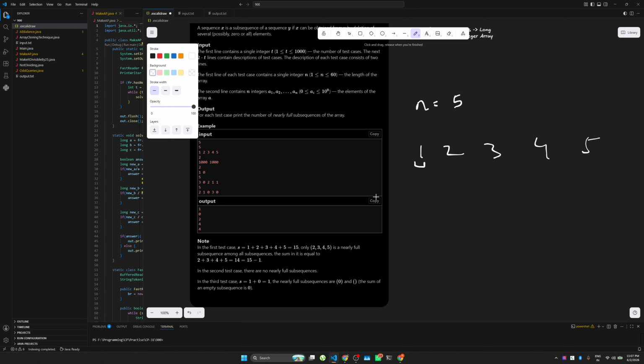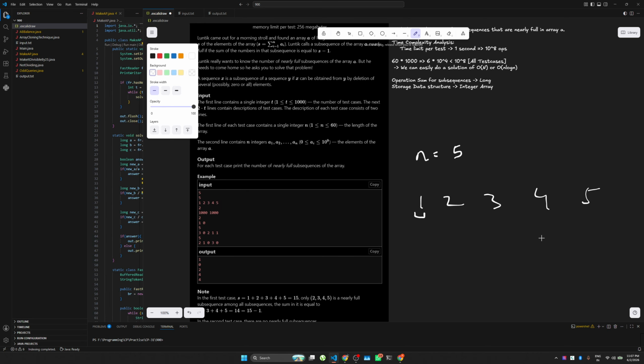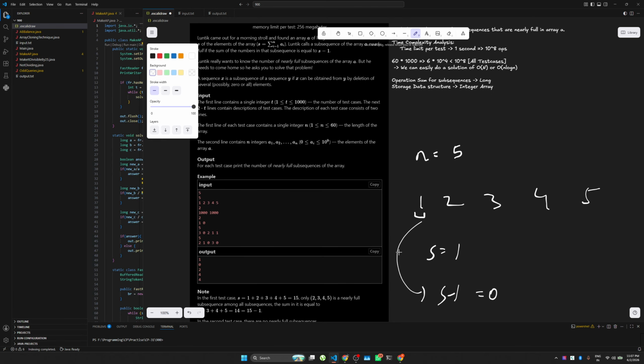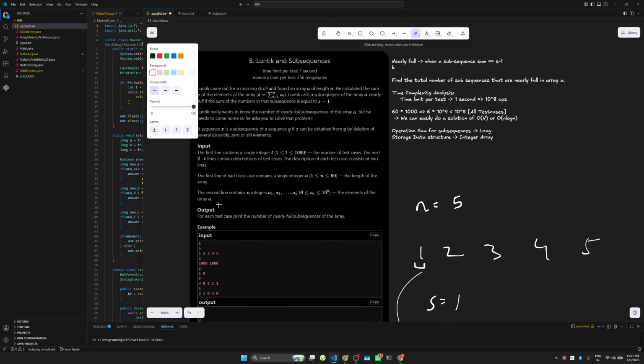Why is each and every one of these elements not a subsequence onto themselves? Like S will be 1 here, and for this subsequence S minus 1 is equal to 0, correct? And what we are given is, where is it?